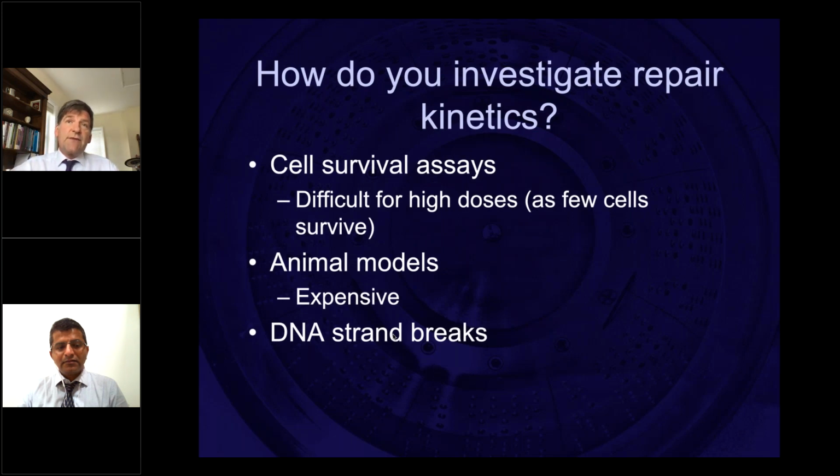For radiotherapy, you might give a 2 gray fraction, and to perform cell survival assays is very, very easy. But when you're treating with radiosurgery, you might have a cell survival rate of just 0.001%. And then cell survival assays become more difficult. We can also use animal models, but we know that those are very expensive. And we can also look at DNA strand breaks.